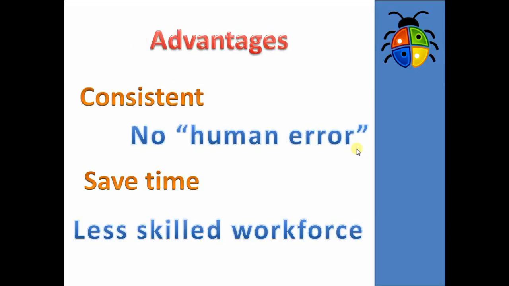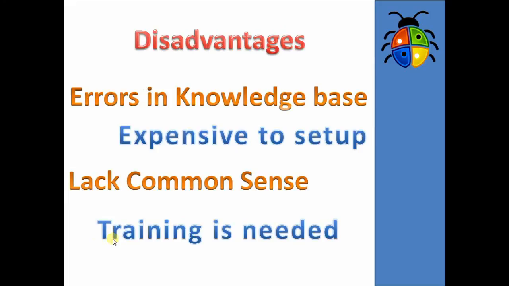Over time, however, we can employ a less skilled workforce. So this is probably going to save us some money. If we don't have to hire expert bankers in your call center, if we can just hire high school graduates, for example, we can pay them a lot less money. So over the long term, we can potentially save money. But it is expensive to start up our system.